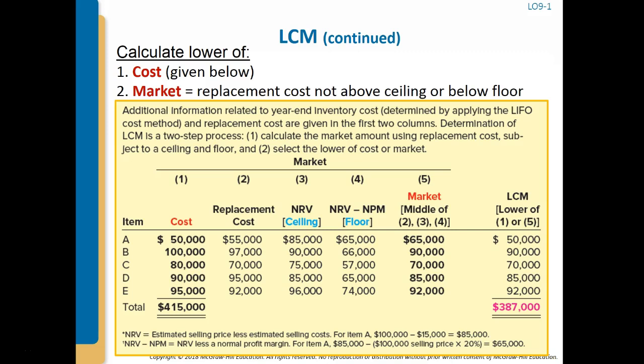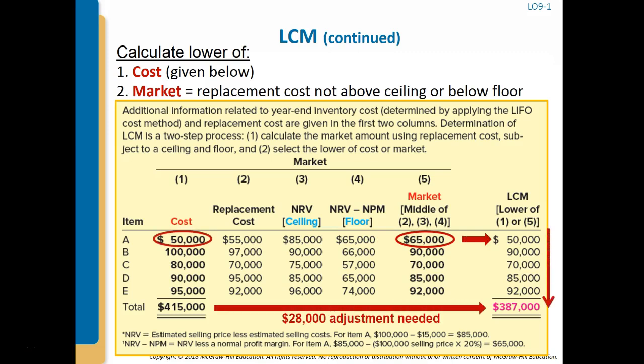When replacement cost is below the floor, like item A, we select the floor as the market. When it's above the ceiling, like items B and C, we select the ceiling as the market. Or if it's between the ceiling and the floor, like items D and E, then we select replacement cost as the market.